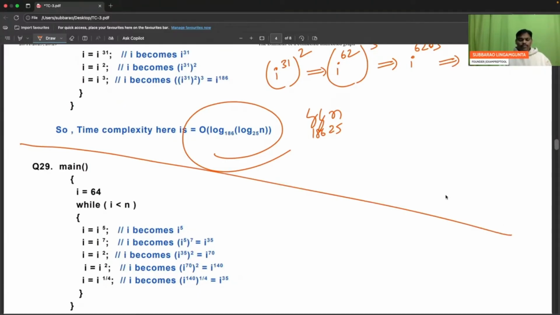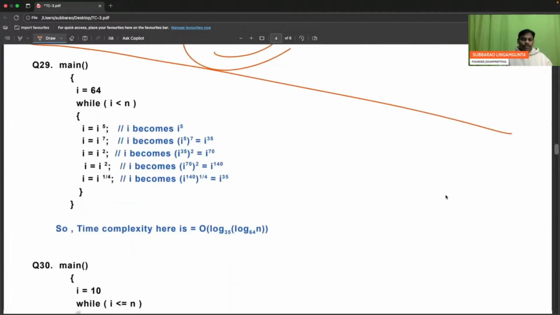Very, very interesting one. Question number 29 is going to be very simple. I think it is a mixed one, but remember everyone, both the operators are reverse to each other. So there may be a chance that he will give everything in one loop only, and there may be a chance of cancellation.